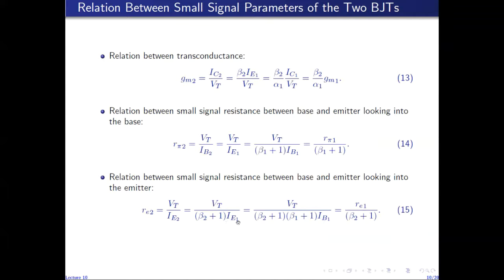The base current of the second transistor is the emitter current of the first transistor. So IE2 is beta 2 plus 1 times IE1, and IE1 is related to the base current of the first transistor through beta 1 plus 1. So VT over IB1 is r pi 1, and r pi 1 over beta 1 plus 1, from the resistance reflection rule, is re1. So small re2 is related to small re1 through this factor of 1 over beta 2 plus 1.